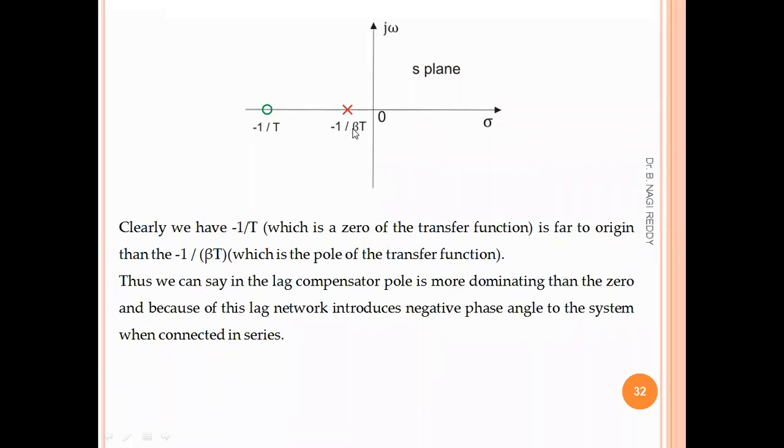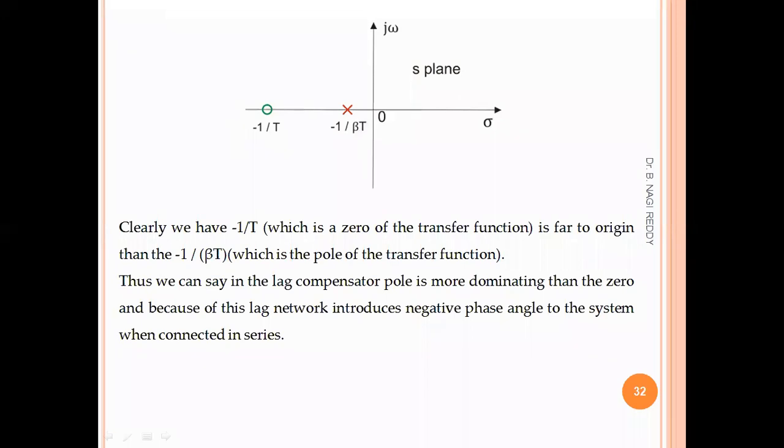When compared with the zero, the pole has a lesser value because beta is greater than 1. From this graph it is very clear that the zero is away from the origin, and the pole is very near to the origin. So this pole is the dominating pole.